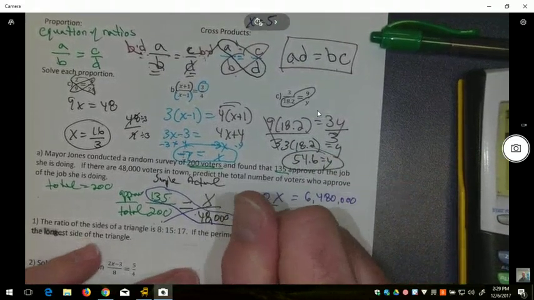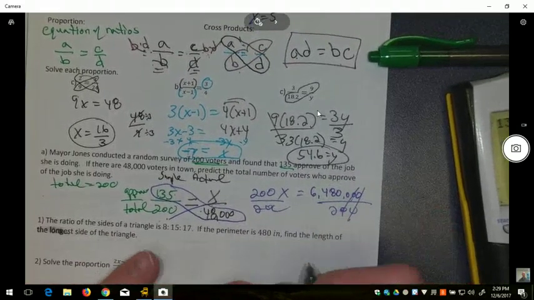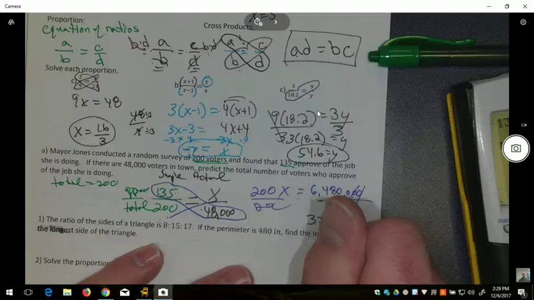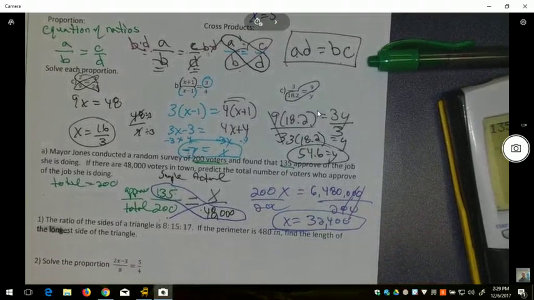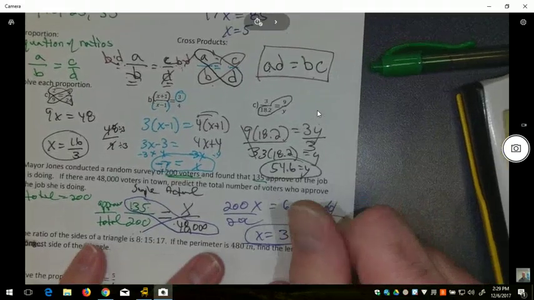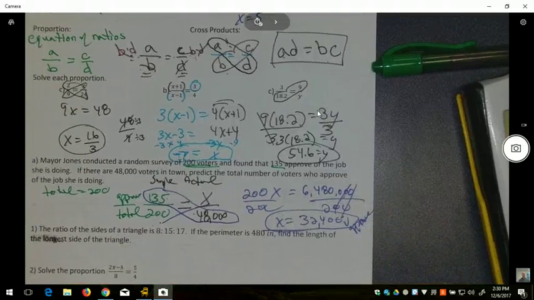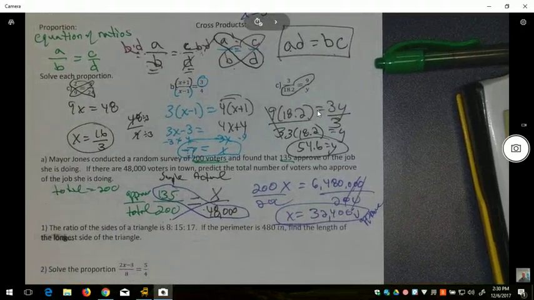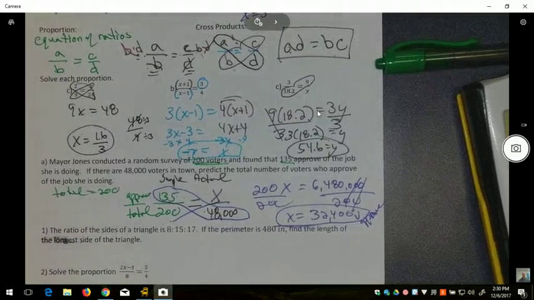Now we divide by 200, so I'm going to drop 2 of the zeros and divide by 2. That's going to give us 32,400. So roughly 32,400 voters approve of the job she is doing, assuming that we had a random sample, and there's other rules that go into sampling. If you take AP Statistics, you'll learn all about that.